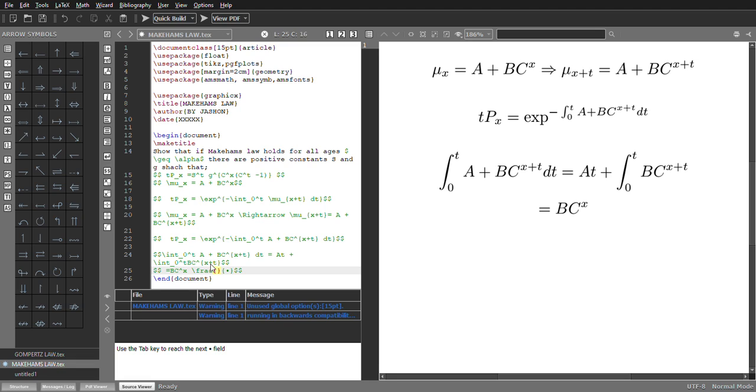c raised to x, c raised to t, we get c raised to t all over log c.